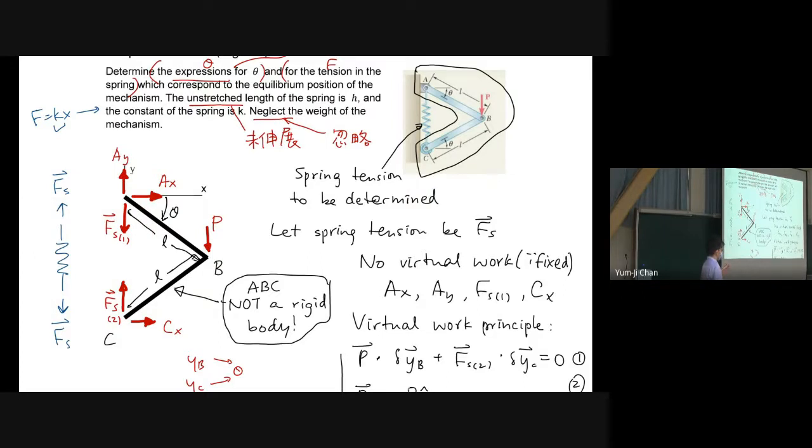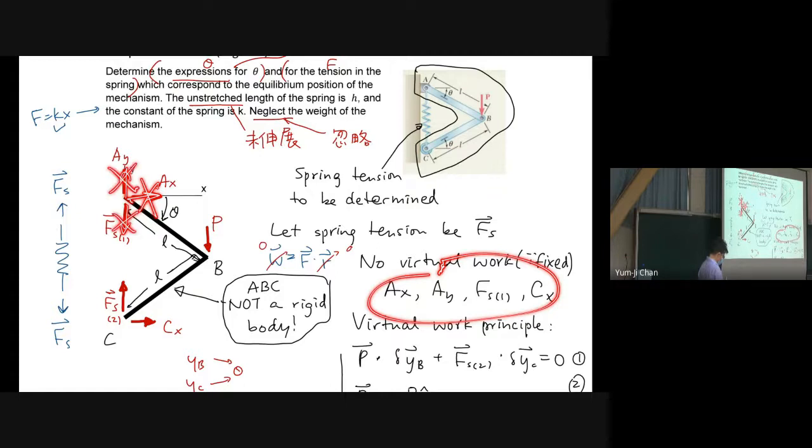But as we said, some of them have 0 displacement. For these four, we don't have virtual work because we don't have displacement. Because point A is fixed, we do not consider these 3.